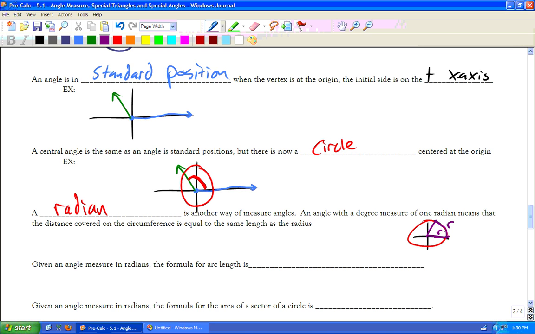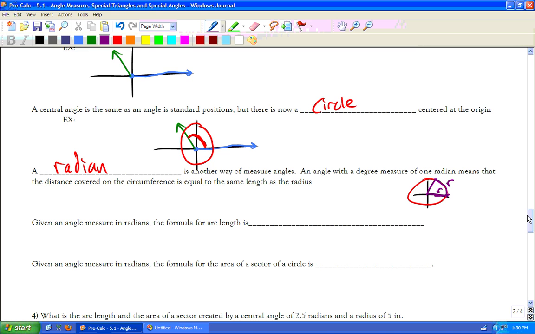When the arc created by a rotation of 1 radian is equal to its radius, you've rotated 1 radian. There are a lot of different ways to explain this, and each teacher will probably explain it differently. But again, the biggest thing is that the circle's radius is equal to the distance traveled around the circle. You rotated 1 radian.